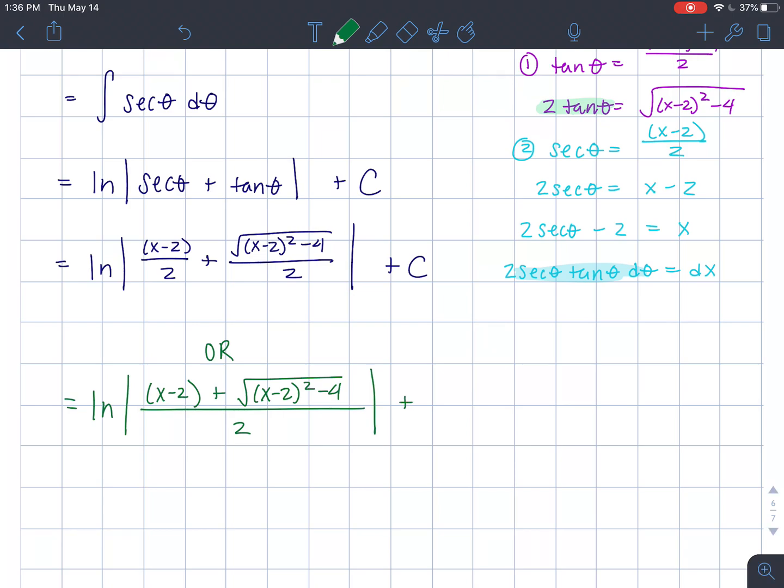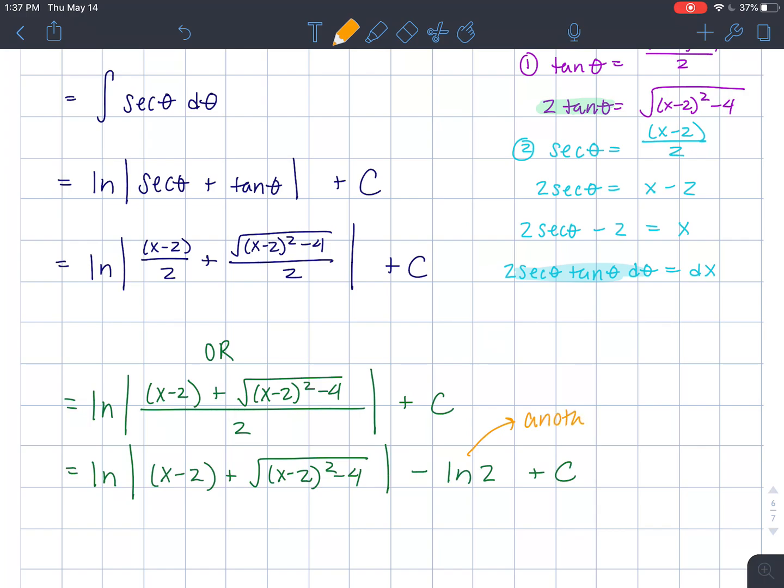Right, common denominator was a 2. And then if we use our log properties, this becomes the natural log of the quantity x minus 2 plus the square root of x minus 2 all squared minus 4 minus the natural log of 2 plus c. Now, this is just another constant.